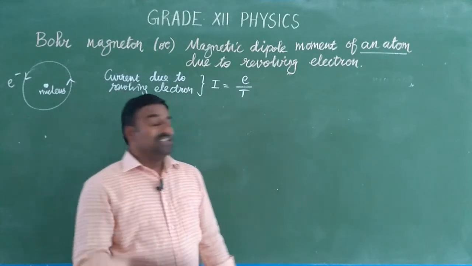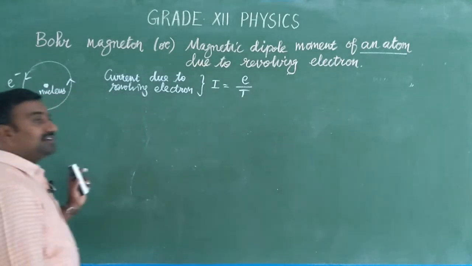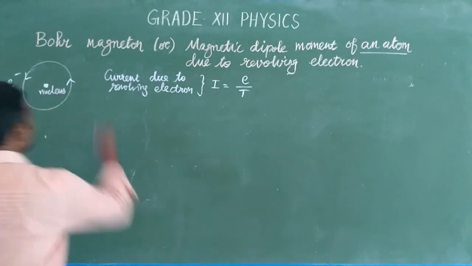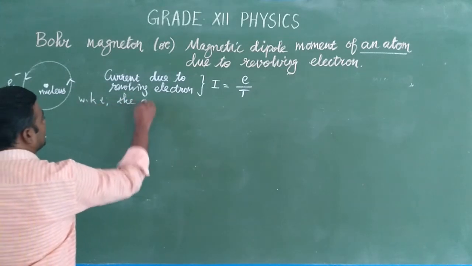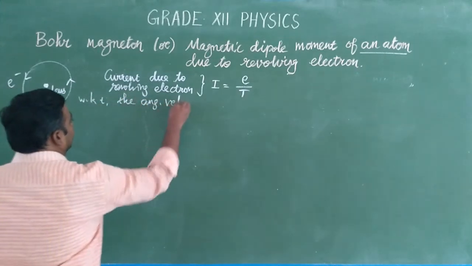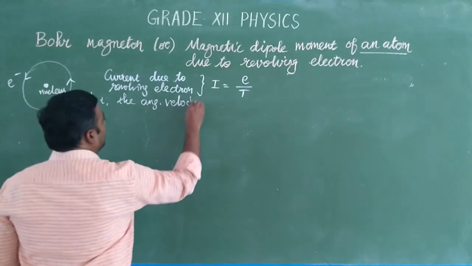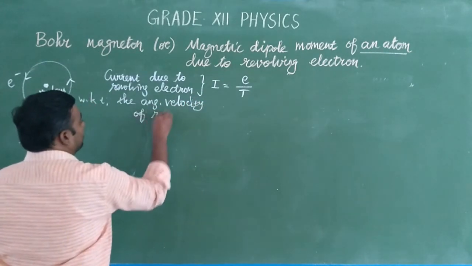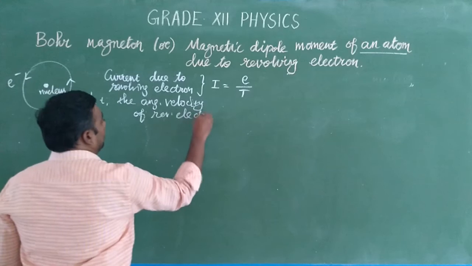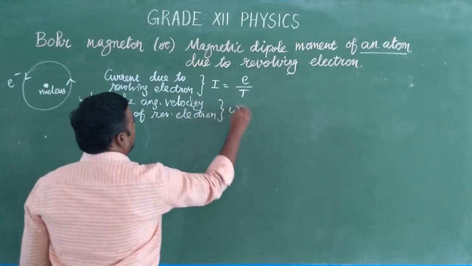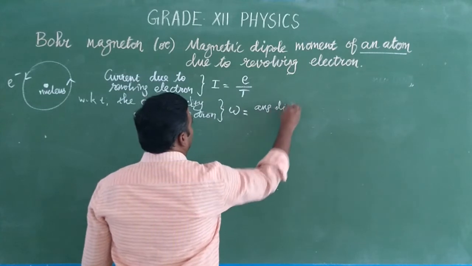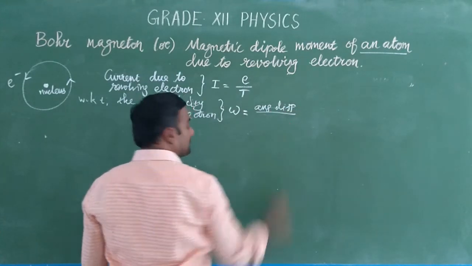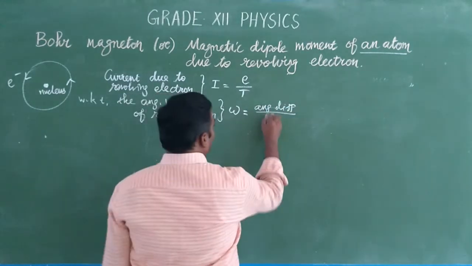So the angular velocity of the revolving electron is omega equals angular displacement by time.